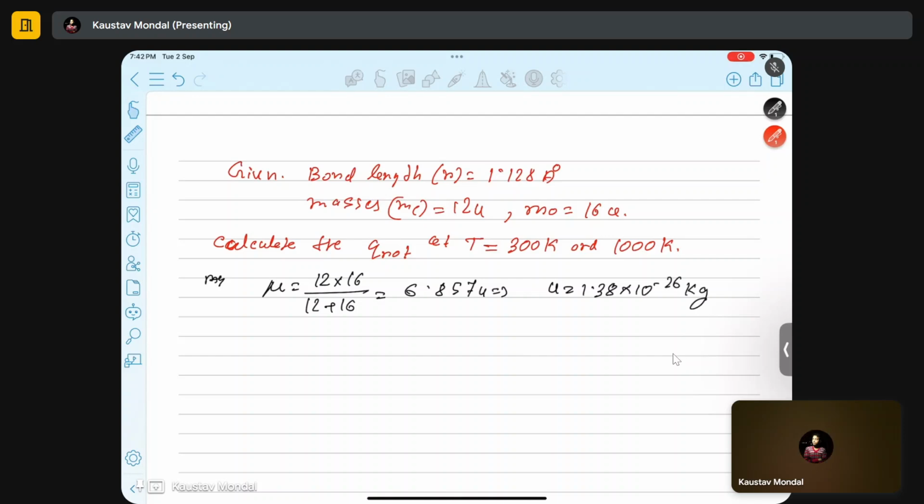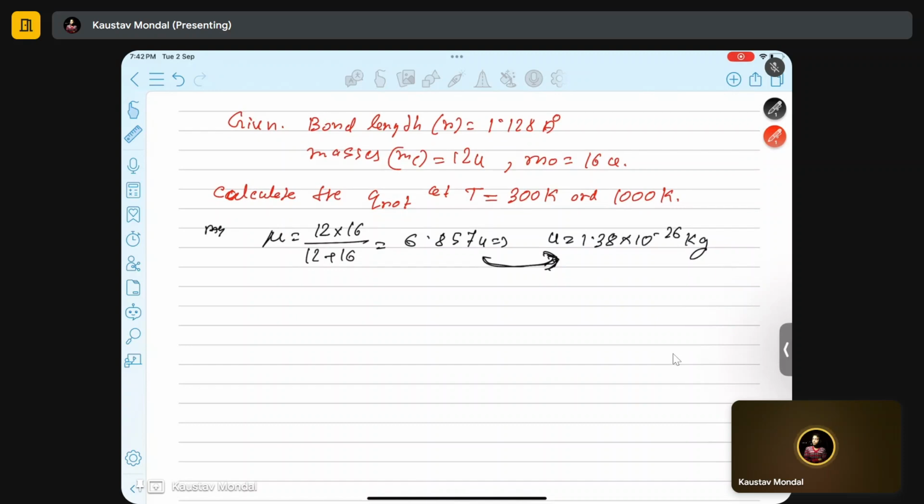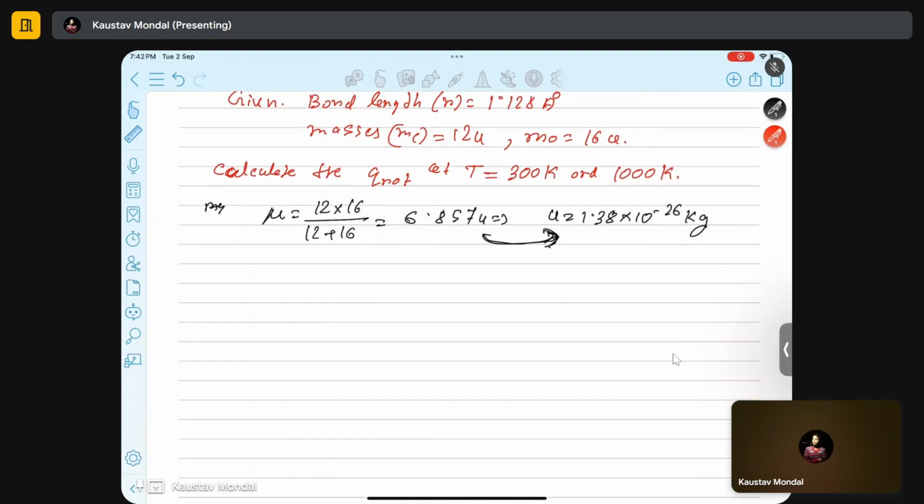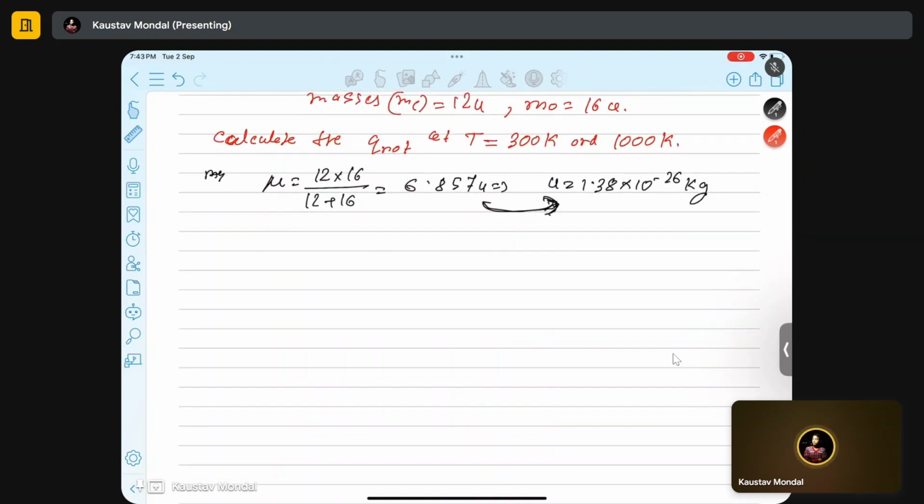Atomic mass unit U. Okay, so you have calculated the mu.